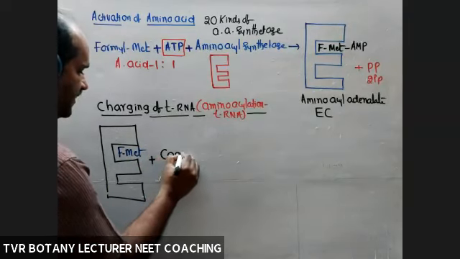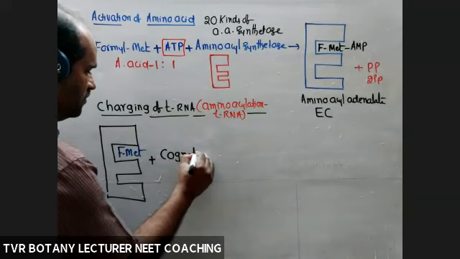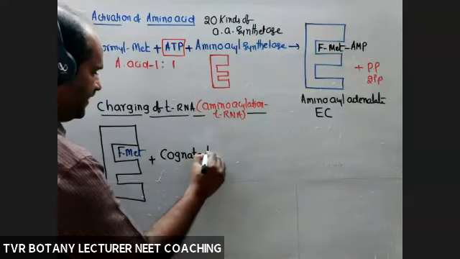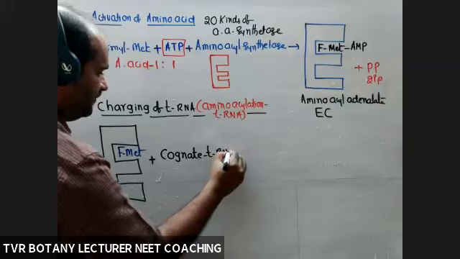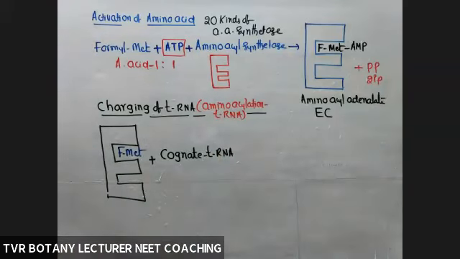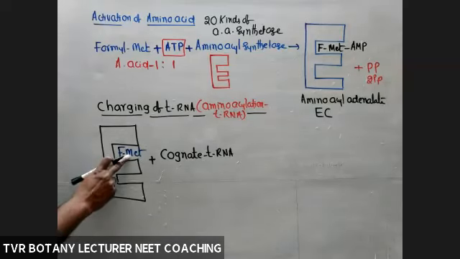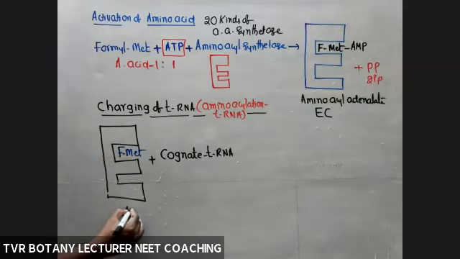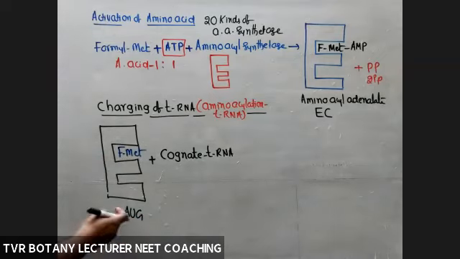Cognate means concerned. What is that concerned tRNA? tRNA with anticodon complementary to the codon of that amino acid. What is the codon of this one? AUG or GUG. Here I'm taking AUG, usually AUG.